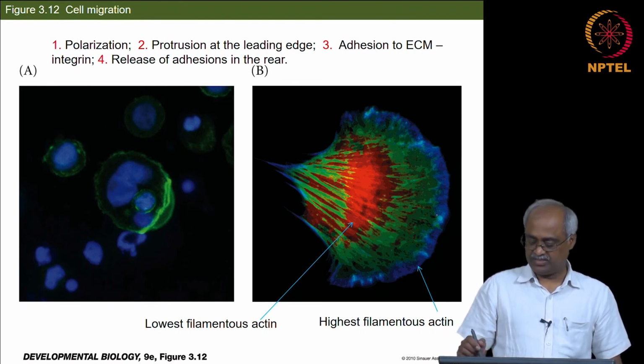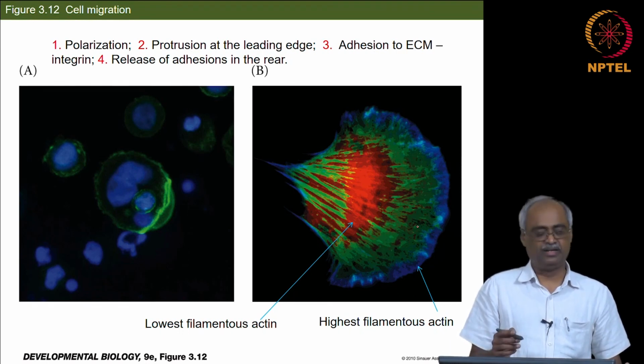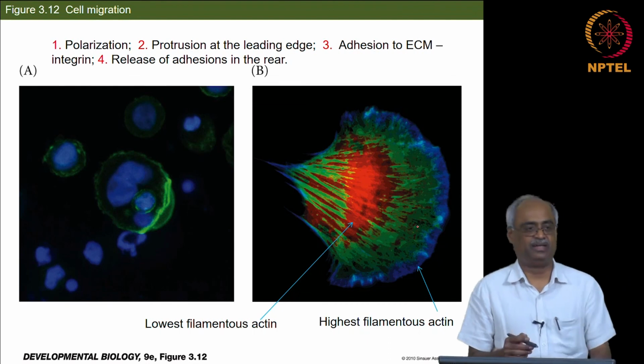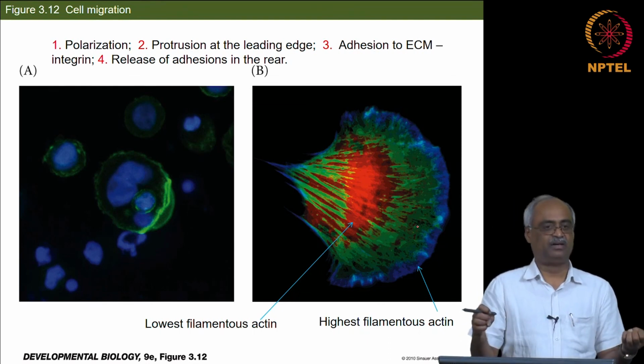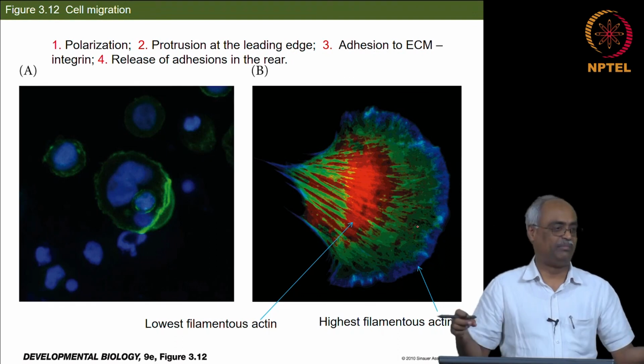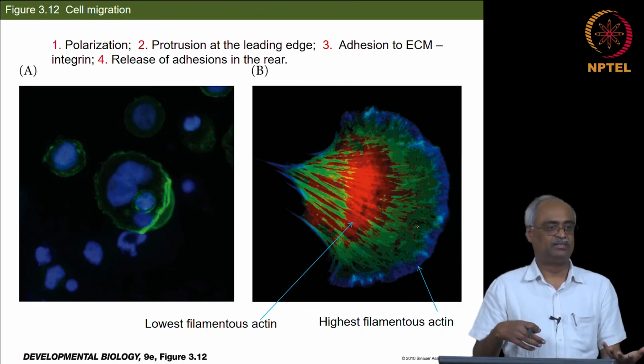And in this what you are seeing is the different concentration of filamentous actin. Remember, actin is a globular protein. When multiple globular actins join together they form filaments. So, they could either be filamentous or single molecule soluble form, right.